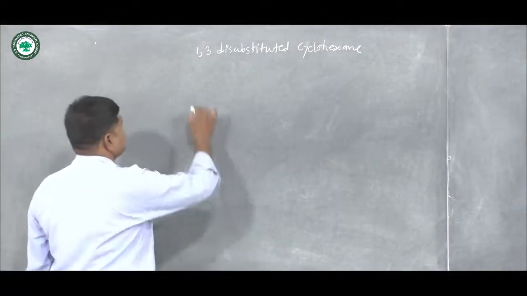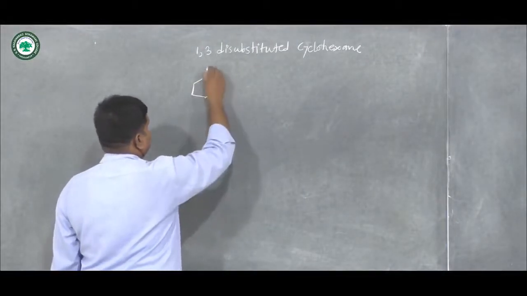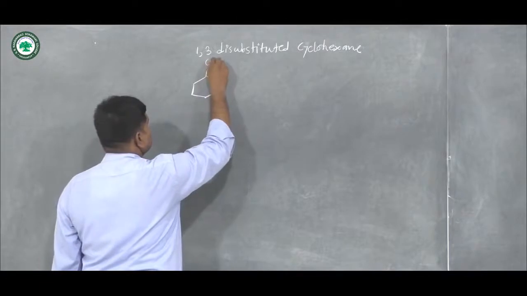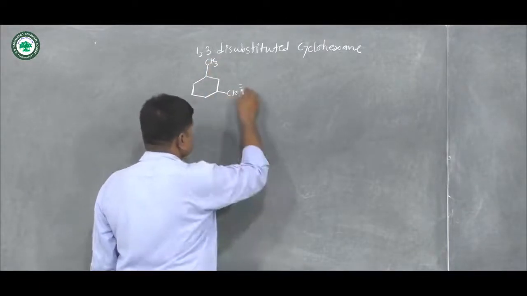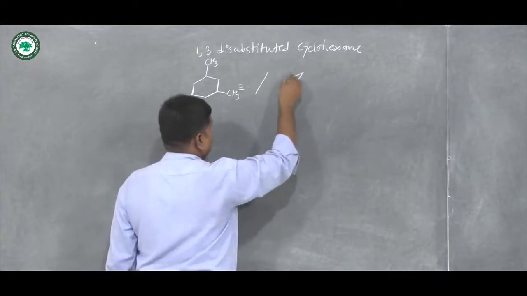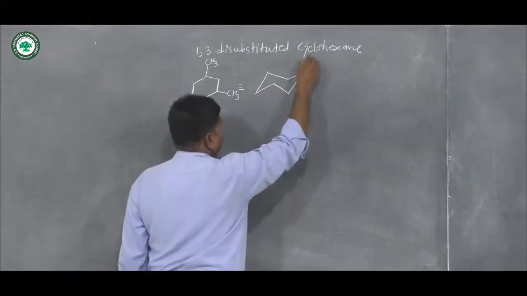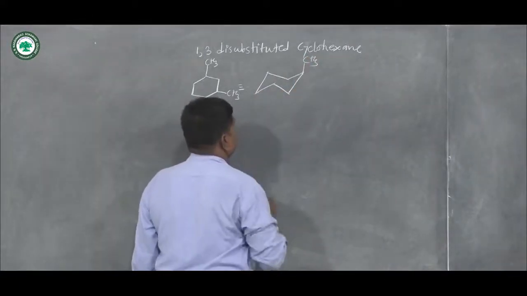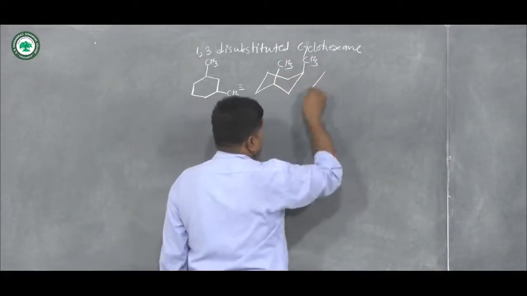In this case, first we write the planar conformation, CH3, and here at the third position we get another methyl, and here we have 3 chair conformations. We try to write here, suppose this is methyl and here also this is methyl.